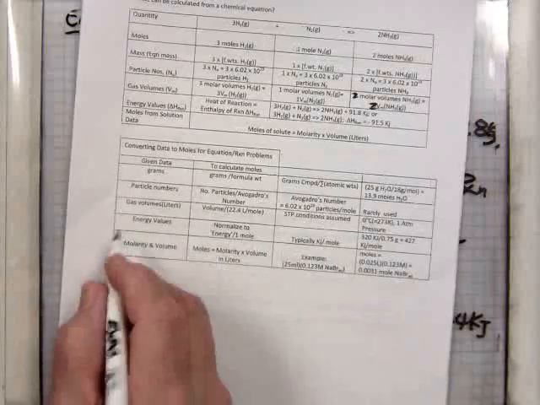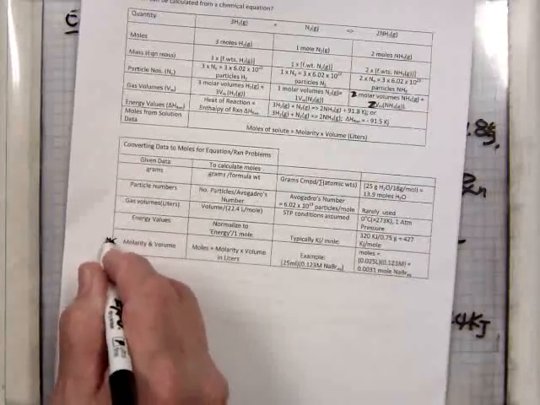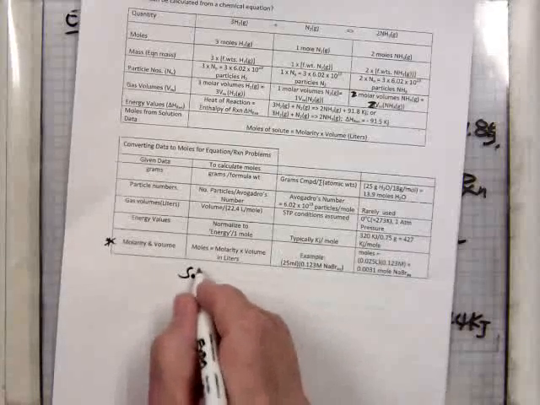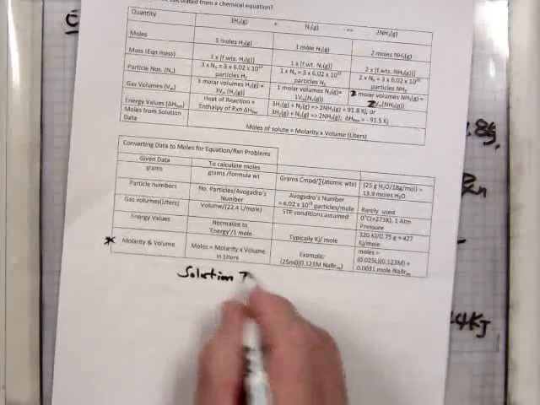Now this one is the one that is so important to you. Molarity and volume data. This is a concentration term with a volume term. Data will come to you in what we call solution data. That's a volume and a concentration together, matched together within a problem.